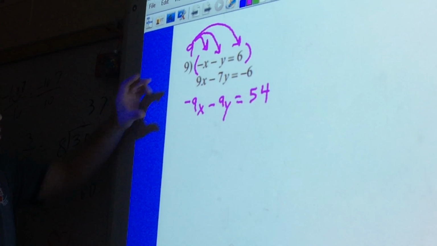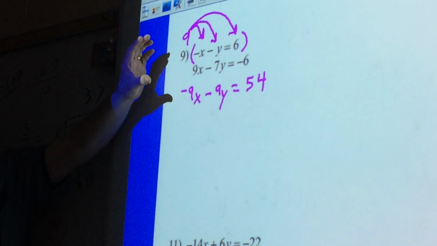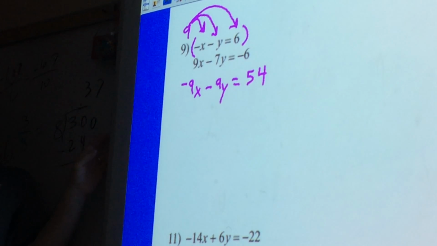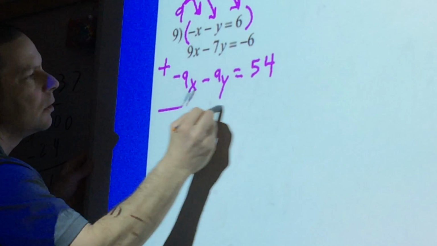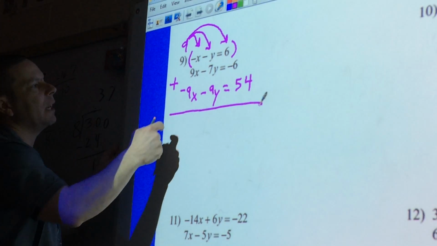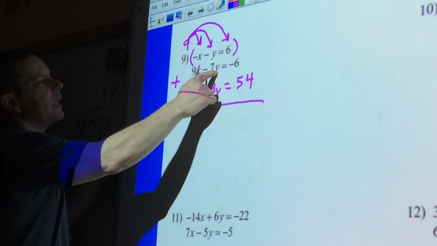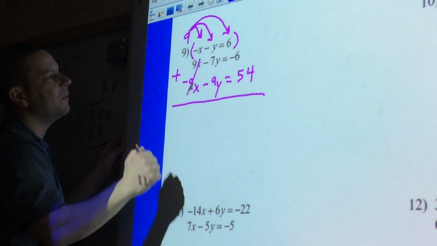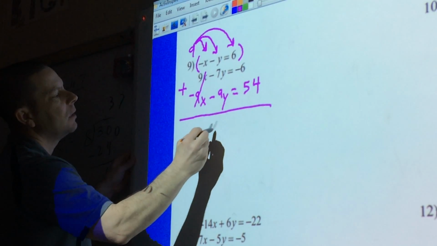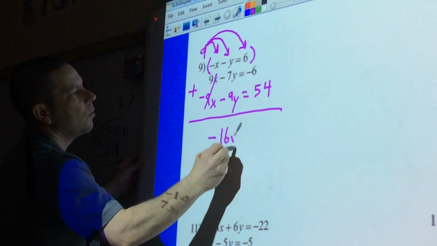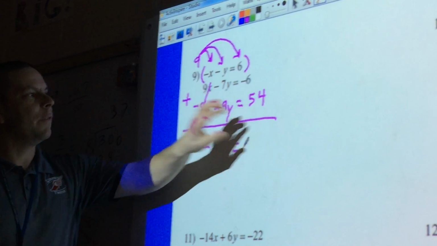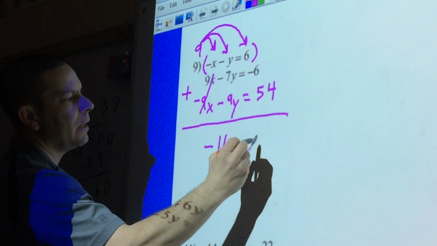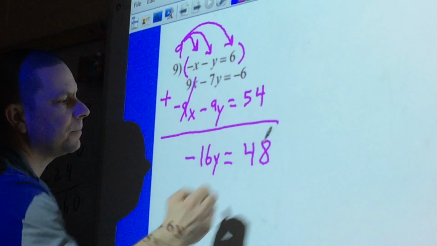All right, so I've created opposite coefficients here with the x term, so we're ready to add the two rows together. What is 9x plus -9x? Goodbye. What is -7y plus -9y? That is -16y. And -6 plus 54, also known as 54 minus 6, that is 48.